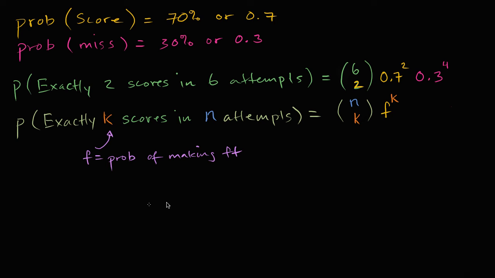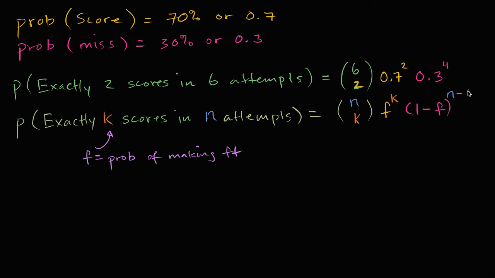The probability of missing is going to be 1 minus F. So it's going to be times 1 minus F to the N minus K power.